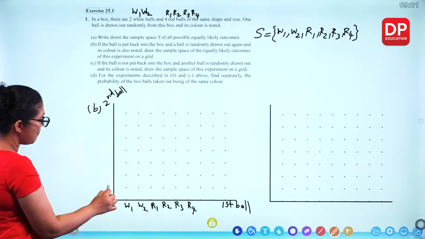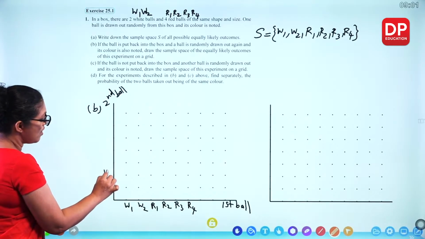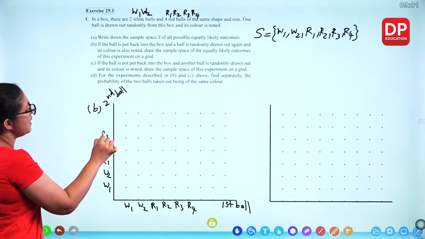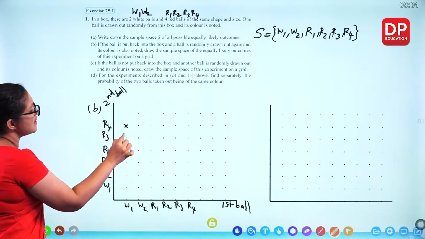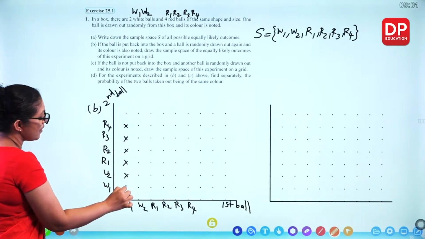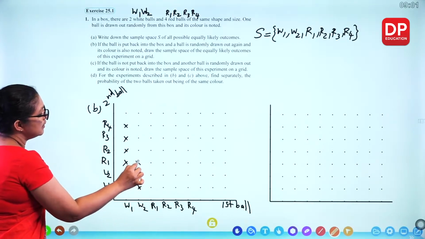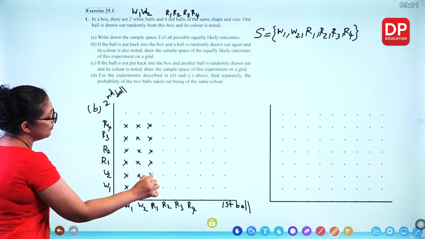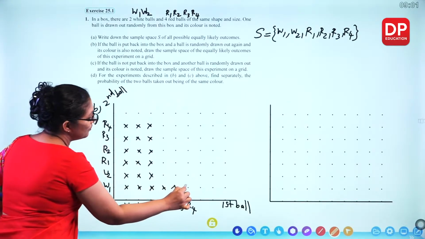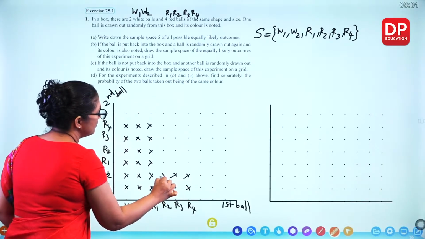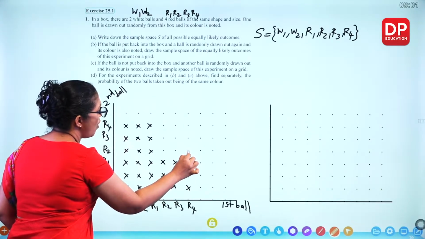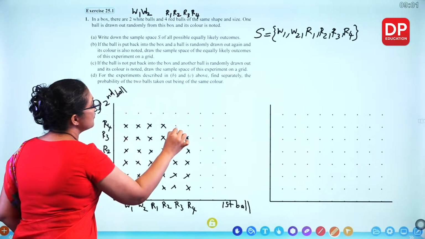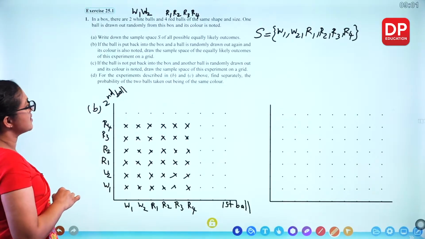You are getting the same colors here: W1, W2, R1, R2, R3 and R4. So these are the possible outcomes. You have to mark all the possible outcomes on the grid. So you are getting this.